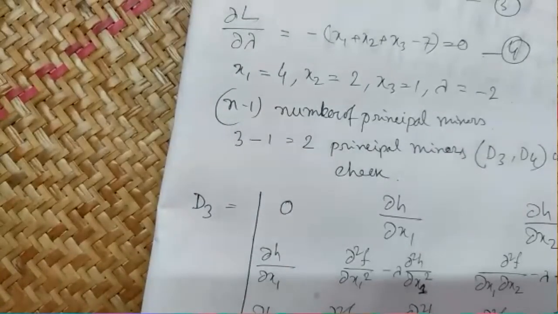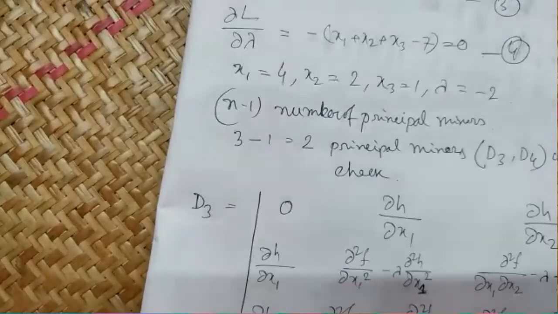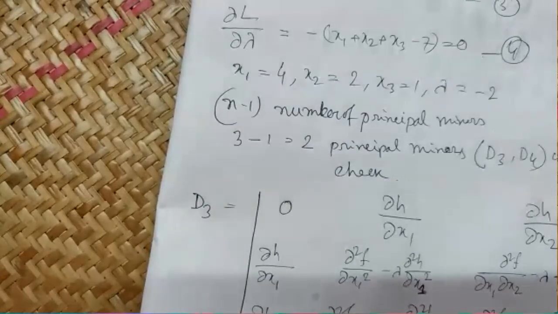On two variable problems, on checking D3, we can understand whether it is maximizing or minimizing. In such case, if D3 is positive, it is a maximizing problem. If D3 is negative, it is a minimization problem. Okay, is it clear now?